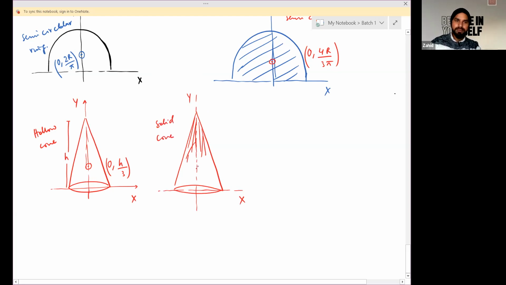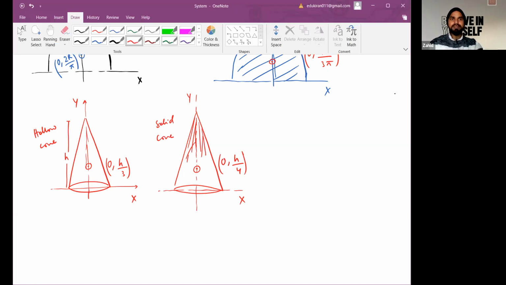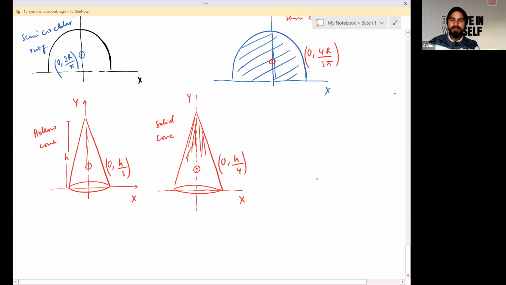It will be at this point, which is 0, h by 4. Is it clear? So you have to remember all these things. You don't have to derive these terms. First, write it down up to this part.